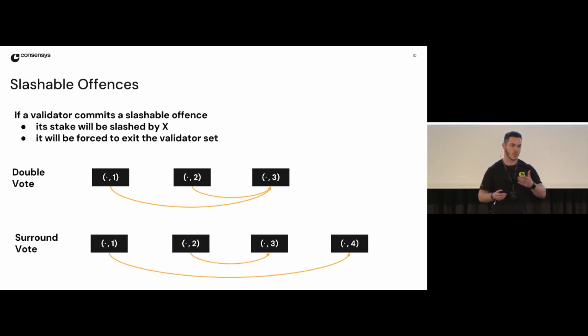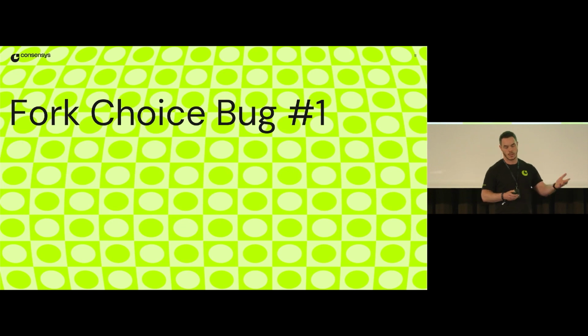The other one, which is what we'll most need today, is the surround vote, which is when a validator has two votes, one of which surrounds the other in terms of number of epochs, which is what you see in the picture. So now we have everything that we need to look at the first bug that we identified in the fork choice specification, which has been fixed.